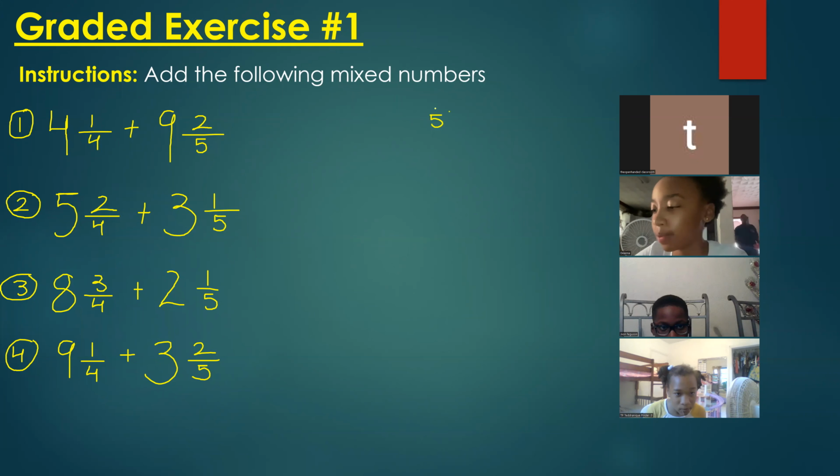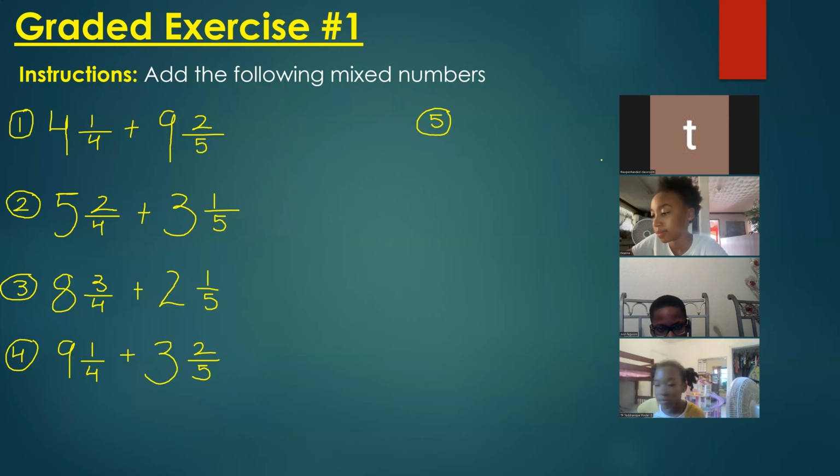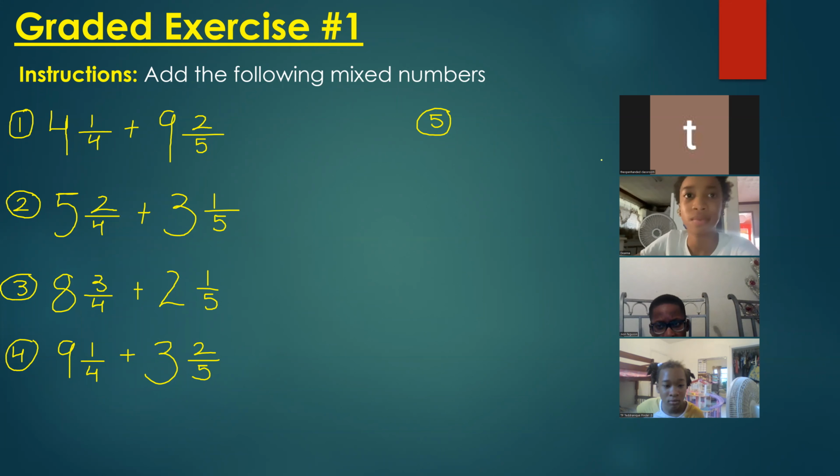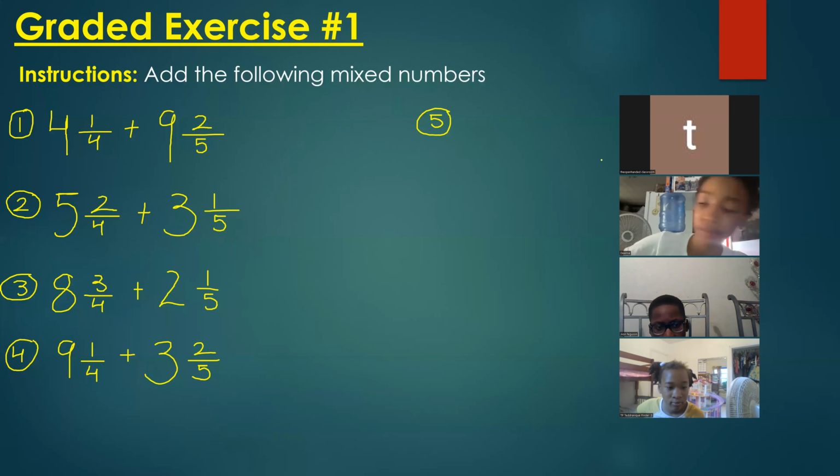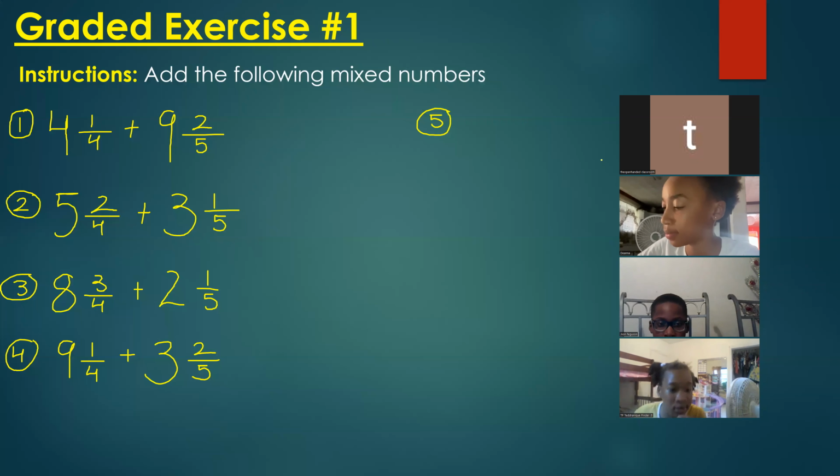Excuse me. Go ahead. Is number 5 the same denominator? Number 5. I mean, not number 5, number 1. Like, number 1 has the same denominator. No, you have to log out and come back in because I changed that.